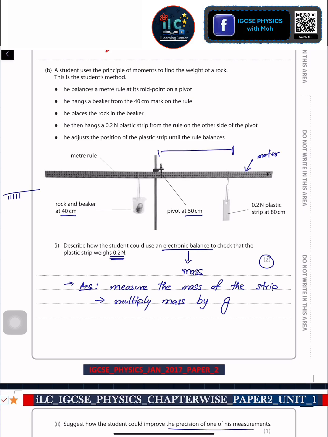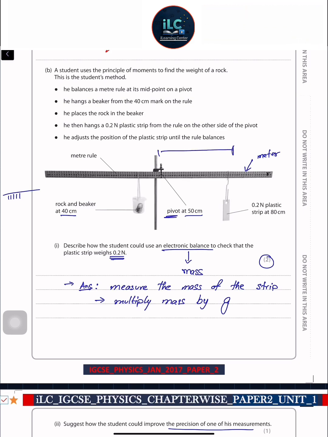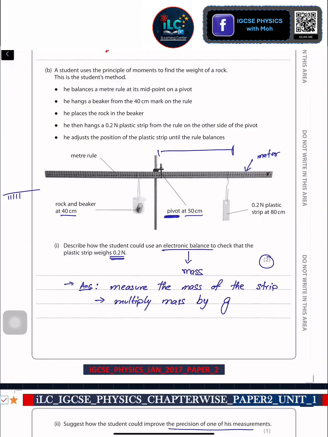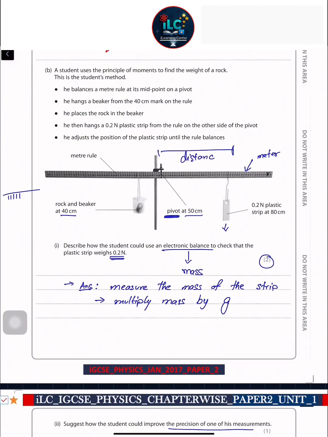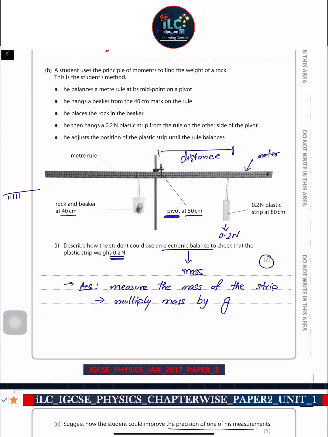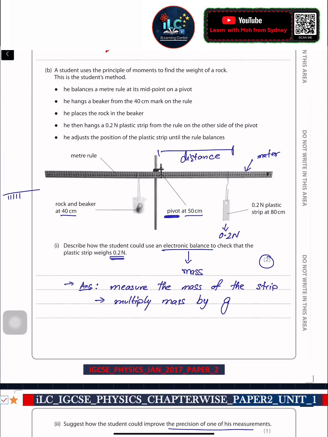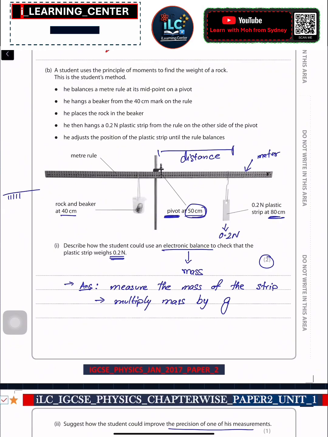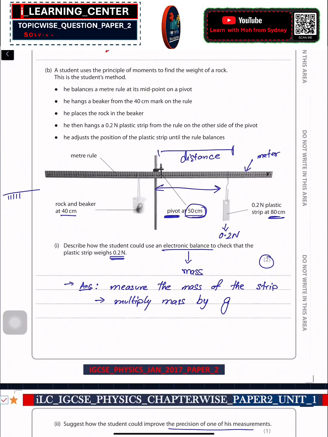So when you are given a question like this, find the pivot first, and always calculate all the distances from the pivot. If I have a look here, this is a force of 0.2 Newton. And this is a distance that is 50 centimeter, 80 centimeter, but your pivot is at 50. That means this distance is 30 centimeter.